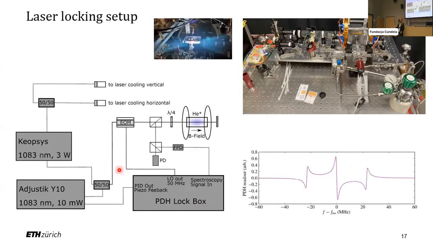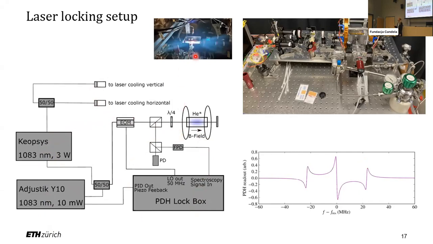This is the setup of our cooling laser, where we have a fiber laser that is amplified to 3 watts and then distributed to 2 parts connecting to the laser cooling in the vertical and in the horizontal direction. This part is about the locking of the laser, and we use saturated absorption spectroscopy to lock our laser to a line of metastable helium, just a normal transition.